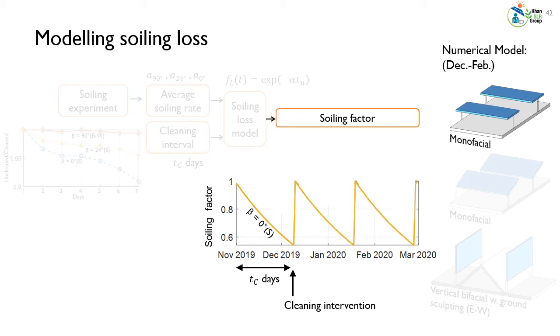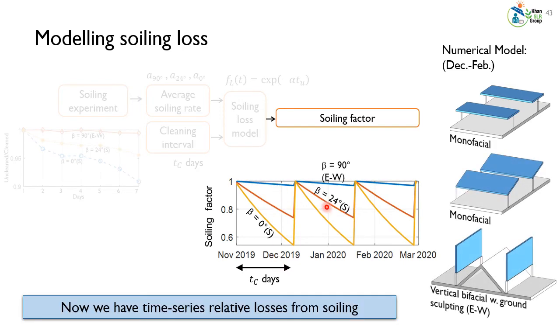Then after cleaning intervention, it will periodically have that same profile. For 24 degrees, it's slightly better because the soiling rate is lower, and things are much better for 90 degrees. And this is just the soiling factor or the performance factor.